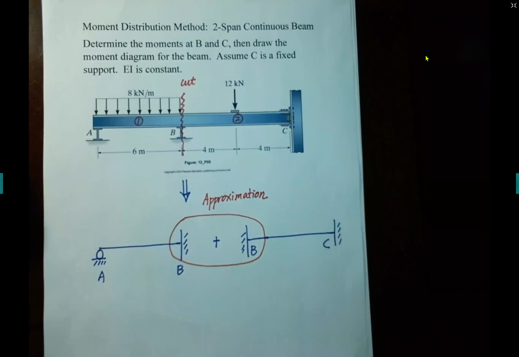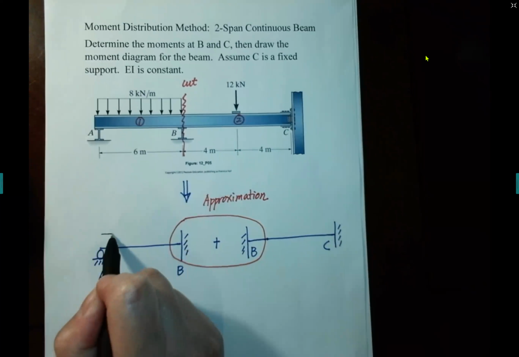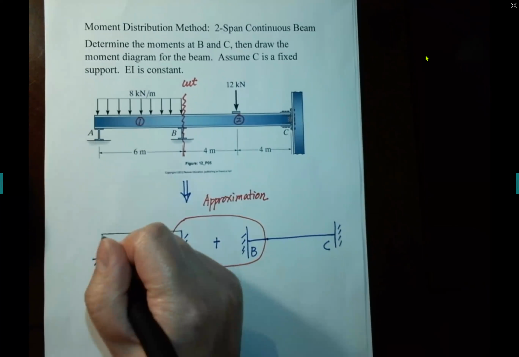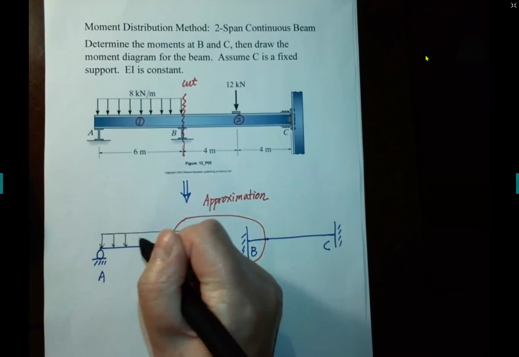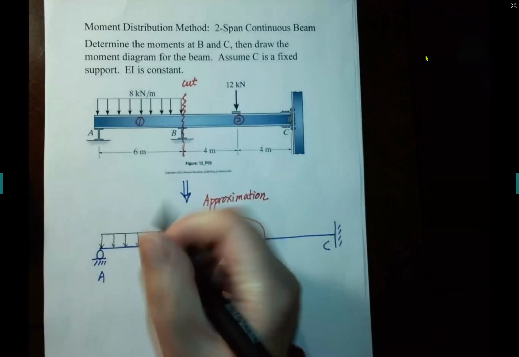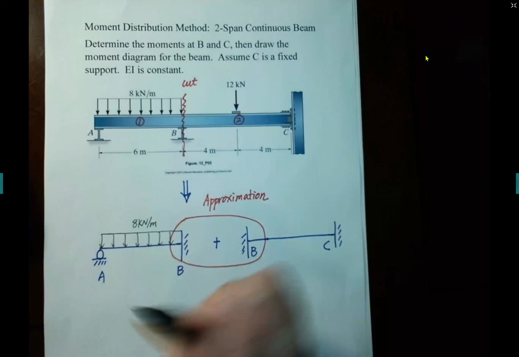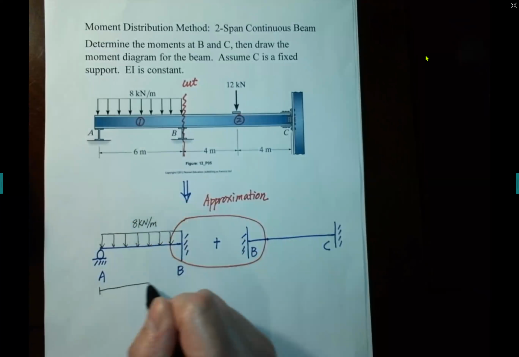Okay, and we need to put the external load on each segment. On AB, 8 kilonewton per meter uniform load, and the length of AB is 6 meters.